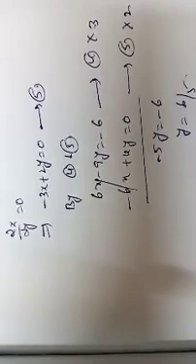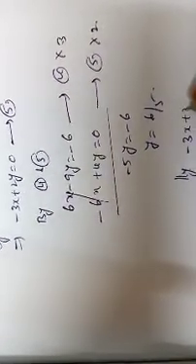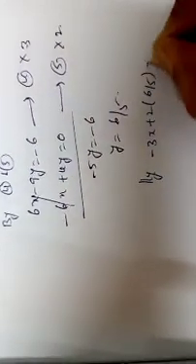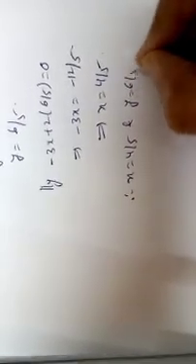Similarly, minus 3x plus 2 into 6 by 5 equal to 0, which implies minus 3x equal to minus 12 by 5. From here x equal to 4 by 5. Therefore x equal to 4 by 5 and y equal to 6 by 5.